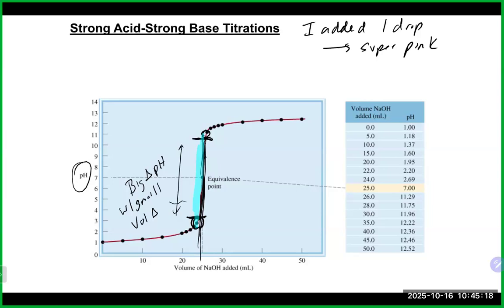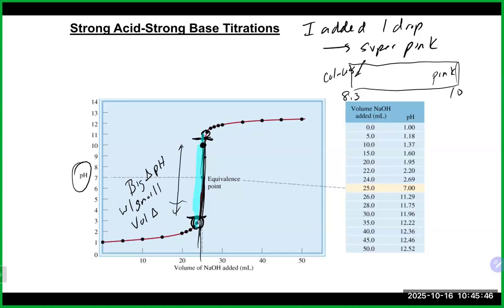So to answer the question of why your indicator and your titration changes color so much, if we go back to phenolphthalein, which is probably the one you've only used, it has 8.3, which is colorless. And at 10, it's quite pink, super pink over there, right? So when you add that one drop, although you're not adding a lot of volume, you do have the potential to change your pH a lot.